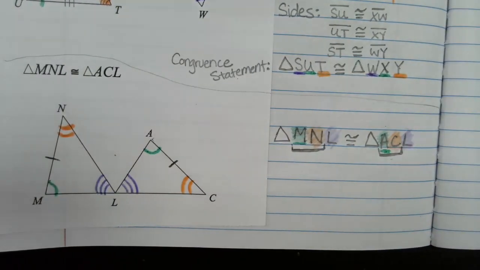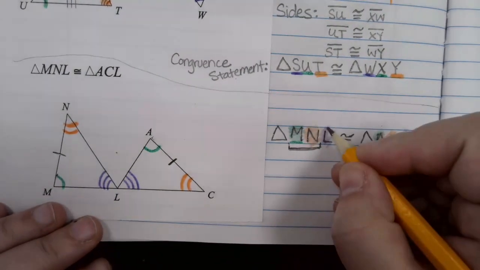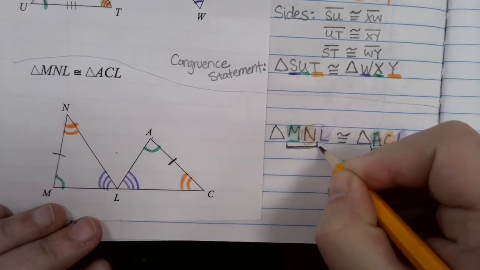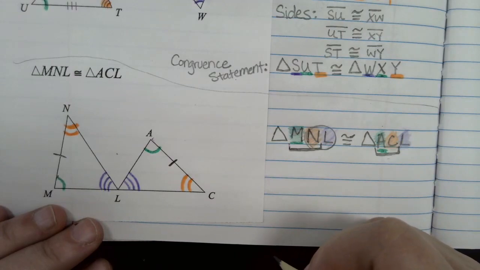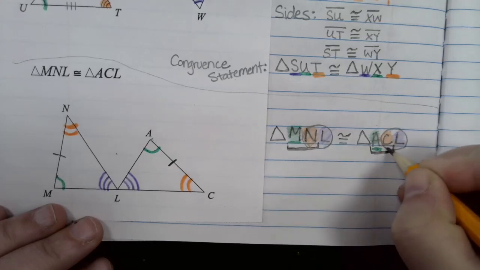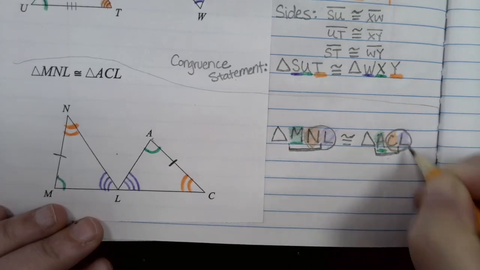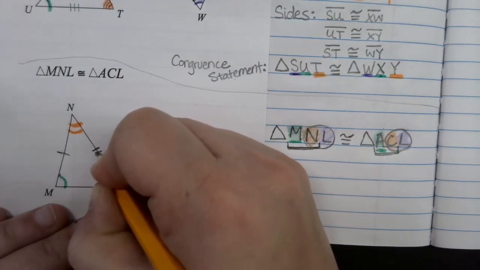So now we're looking at the sides. All right, now I have NL. And NL will match CL. So N to L gets 2 tick marks.